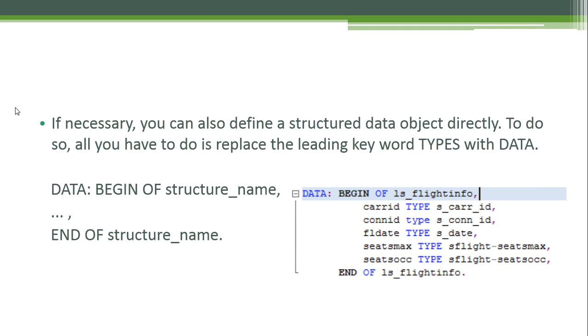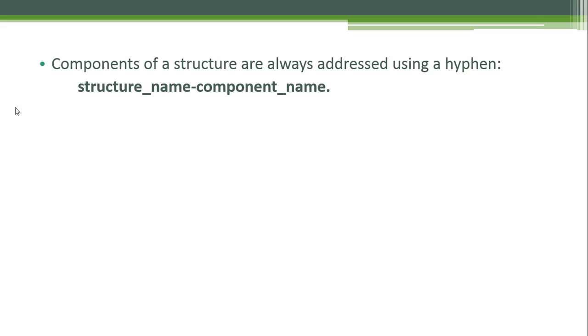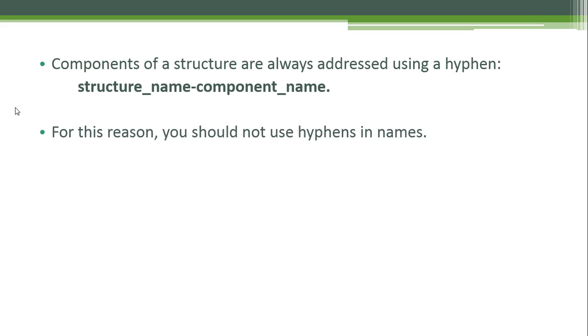You include all of the components and its types, and you close the structure variable using end of. Components of a structure are always addressed using a hyphen. You write the structure name, hyphen, and the component name. For this reason, you should not use hyphens in names.